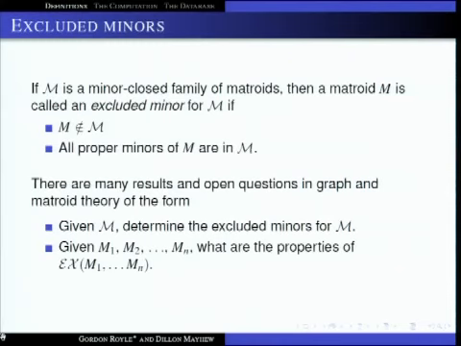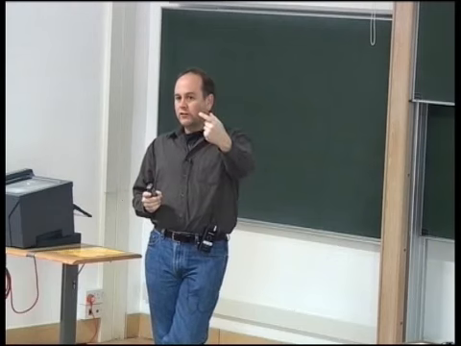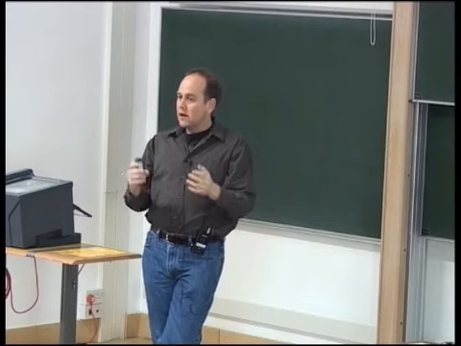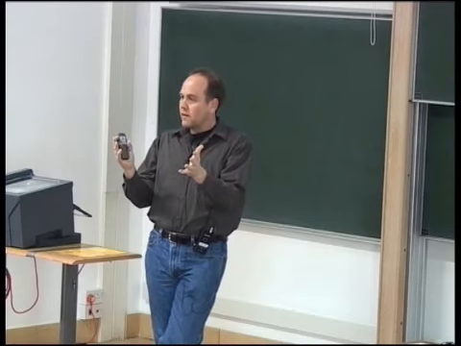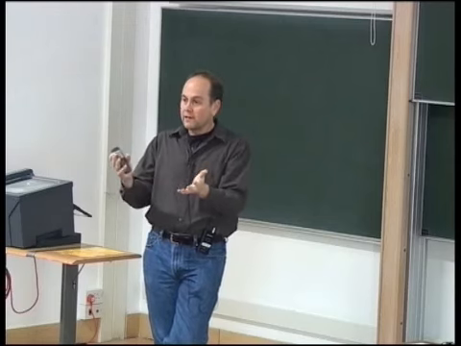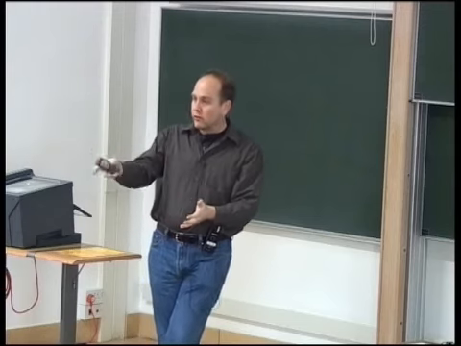So you might say, let's take all the matroids that are representable over GF(2), binary matroids. What is the smallest matroid that is not representable over GF(2), but all of its minors are? And if you can make a finite list of those, then that will characterize binary matroids as precisely the matroids that do not have this minor or this minor or this minor.